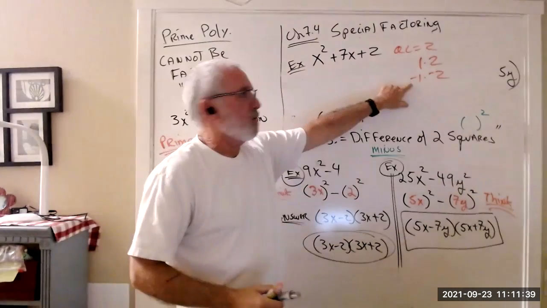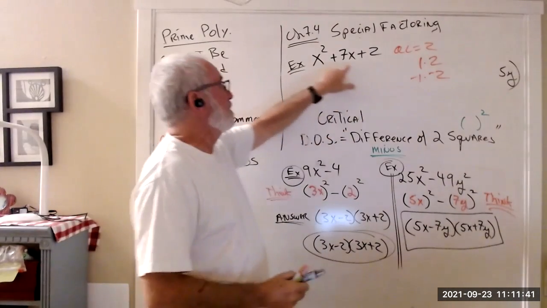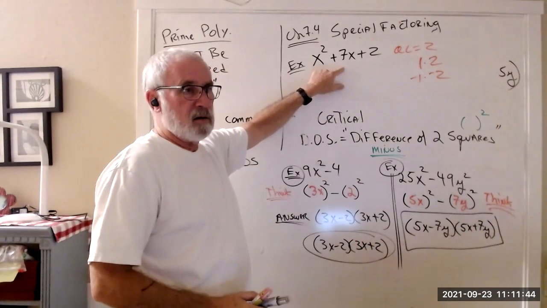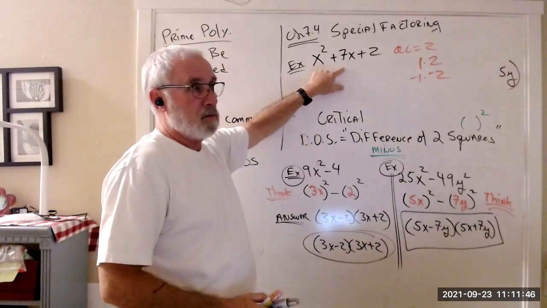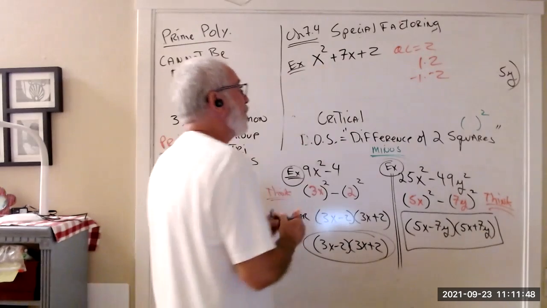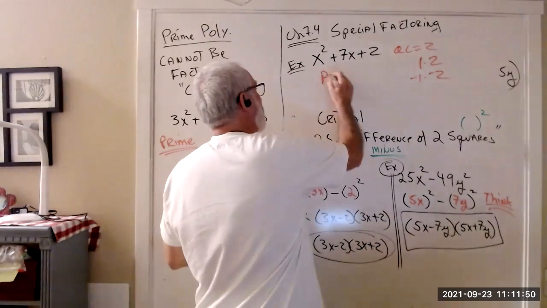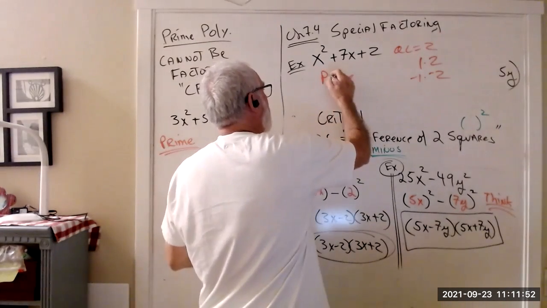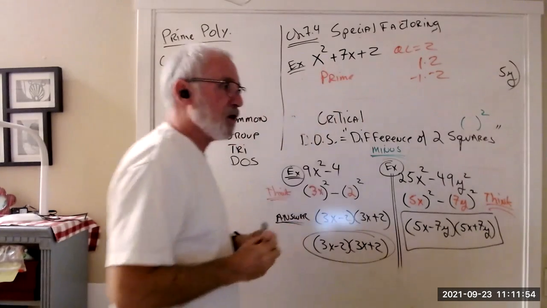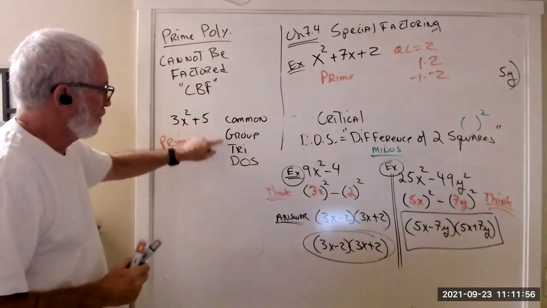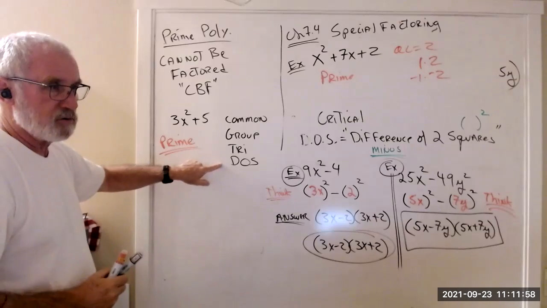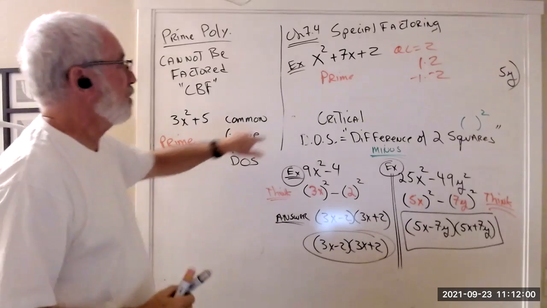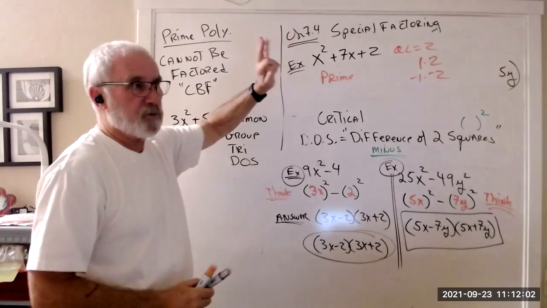Do either of those add to make 7 in the middle? No. So we say this is prime. But you have to exhaust your list of types of factorings. I just went for trinomial right away because it was 3 things.